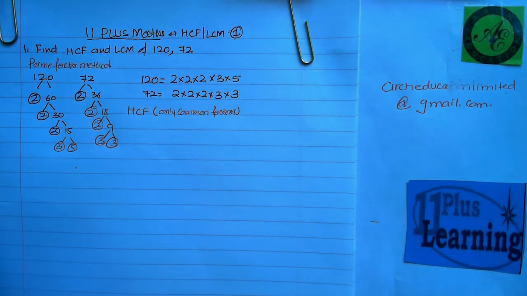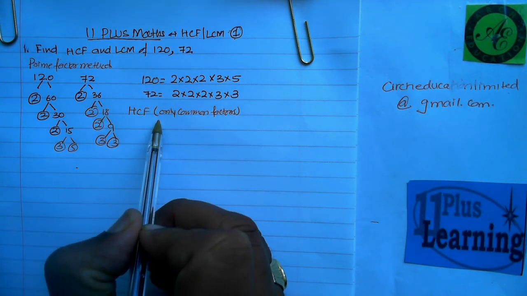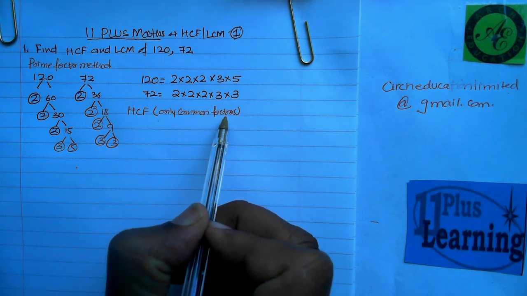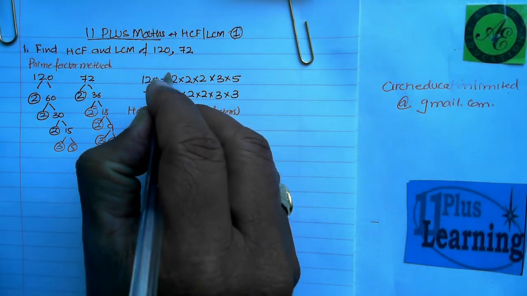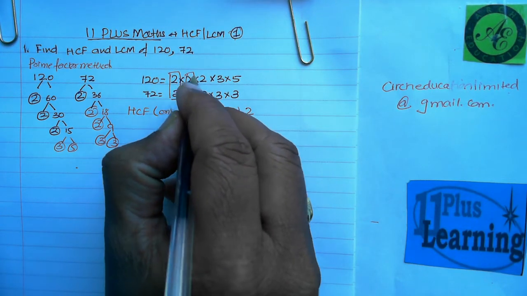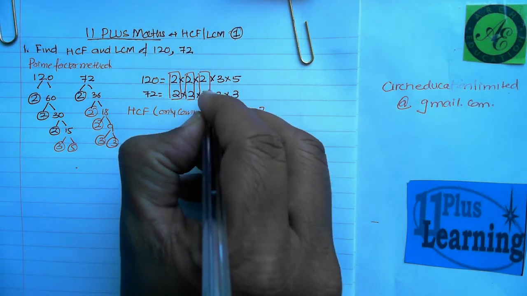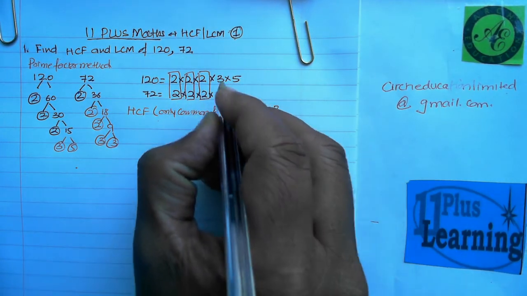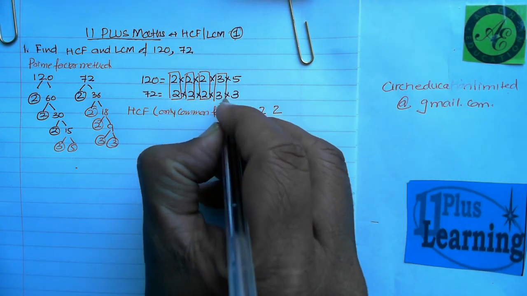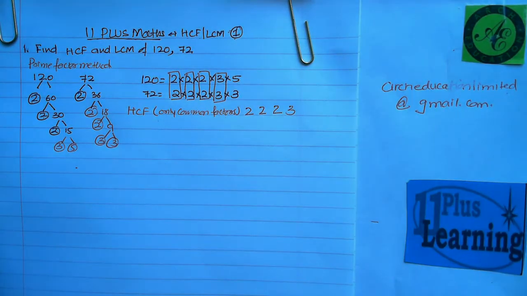Once this list is ready, to find the highest common factor, HCF, we just look for the common factors in both the lists, which is this 2, then another 2, then another 2, then a 3, and that's it. There's nothing left which is present in both the lists.